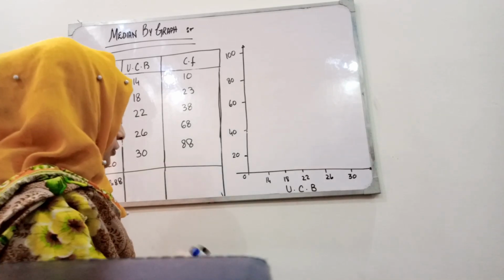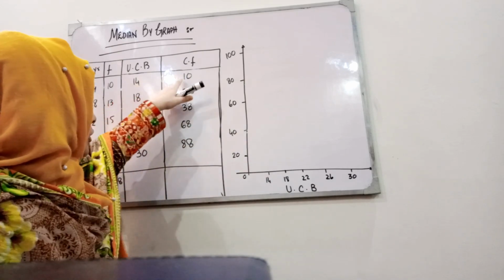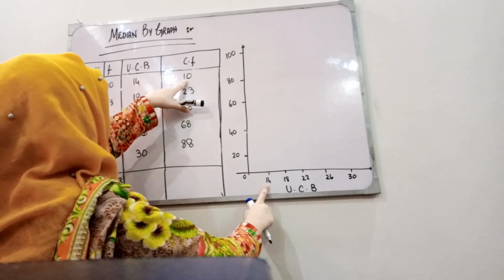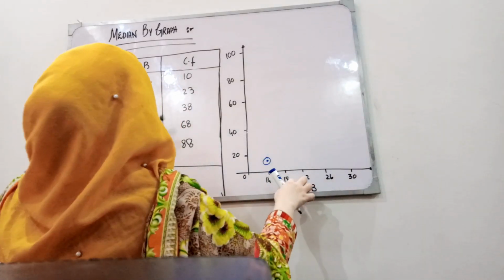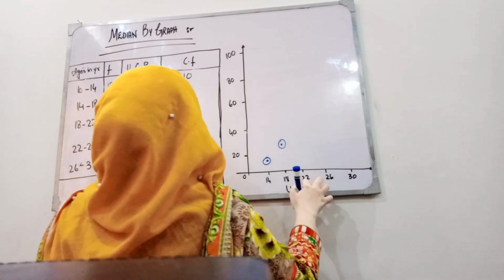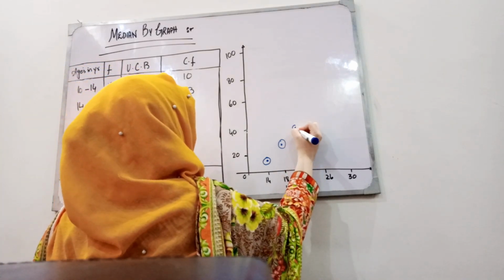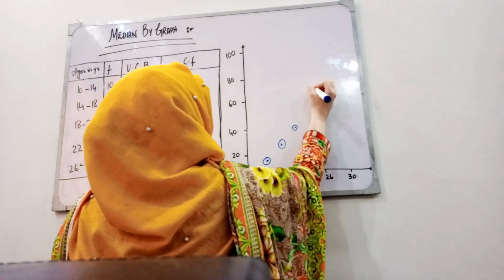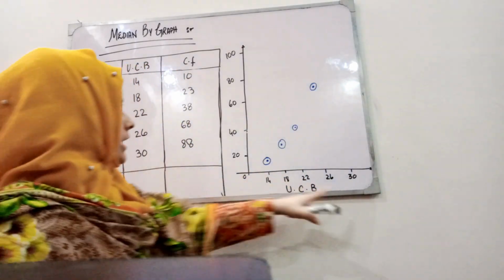So we will locate the upper class boundary corresponding to the cumulative frequency. 14 has 10 cumulative frequency, 18 has 23, 22 has 38, 26 has 68, 30 has 88.